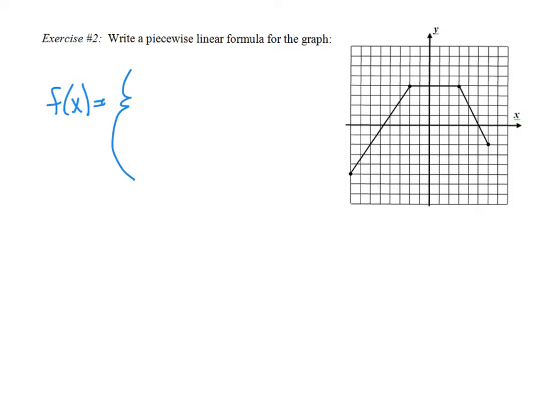For the first one, if I count out the slope of it, and we can start anywhere, I might start right here, and I count and I see that I'm going up 3 over 2. So that tells me that this part is going to have a slope of 3 over 2. The slope, of course, goes in front of the x. Now I can't see it crossing the y-axis, so I don't know just by looking at it what the y-intercept is going to be.